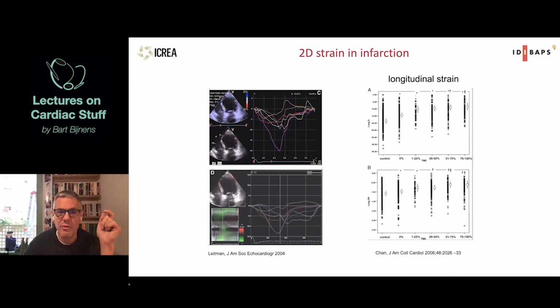So that means that the infarct region can be smaller than the standard segment, can be bigger than the standard segment, can be overlapping between 2 different segments. So when we look at these curves, at these measurements, there can very often be a mixture, a smoothing of normal tissue versus abnormal tissue.